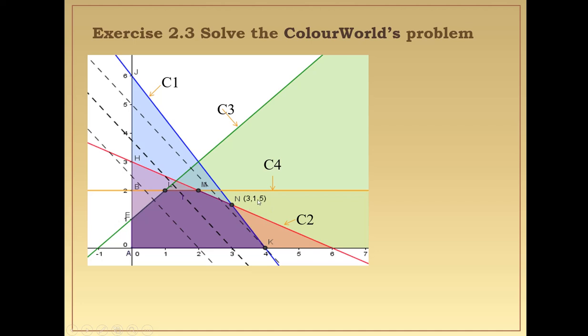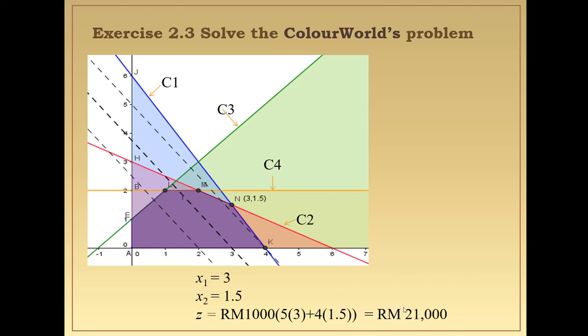Good. So x1 is 3 and x2 is 1.5. Then substitute these values into the objective function. You will get z equals 21. But don't forget the unit, the profit is in thousands. So you need to multiply 21 by 1,000 ringgit.